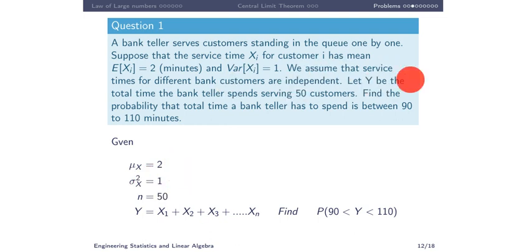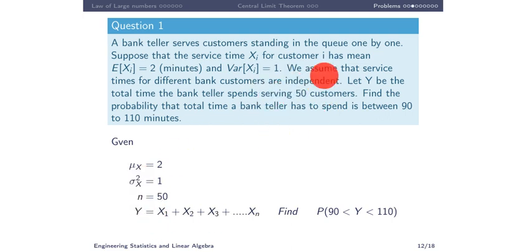The times required by different customers are independent, and each customer is identical because they follow the same queue. So identical and independent, that will be an IID process.